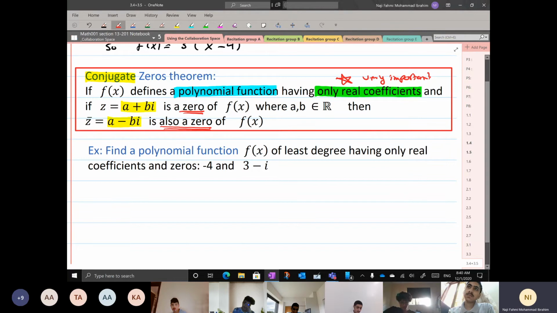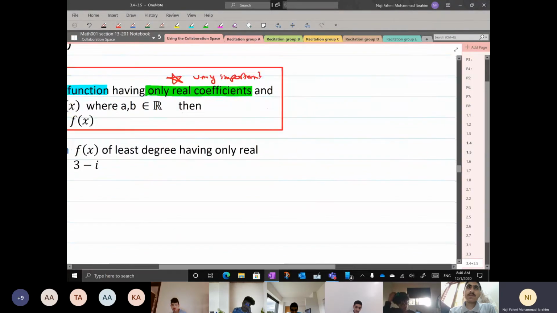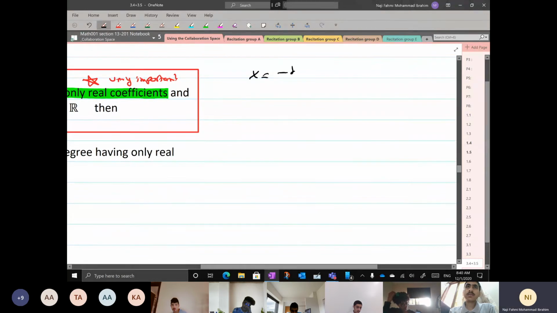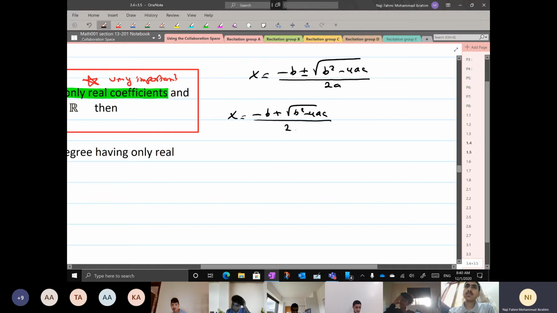Can we justify why both conjugates should be zeros? Do you remember the quadratic formula? x equals negative b plus or minus the root of b squared minus 4ac, all over 2a. If I write them in separated form, we take the positive part alone and the negative one alone. Do you see any relation between these?